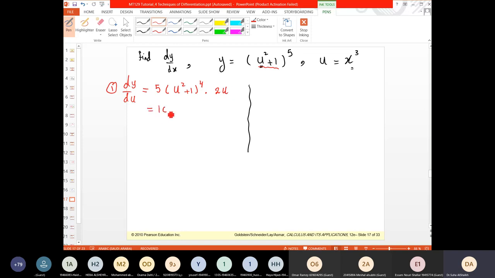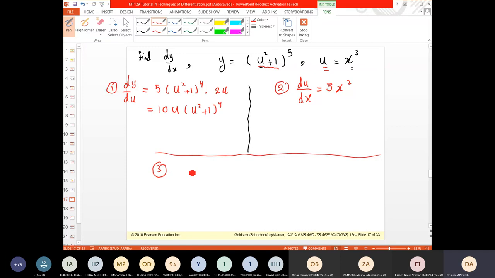So this will be 10 في u square plus 1 to the power 4. We finish this part. الحين the second I will find du by dx لأنها function في الx. This is 3x square.